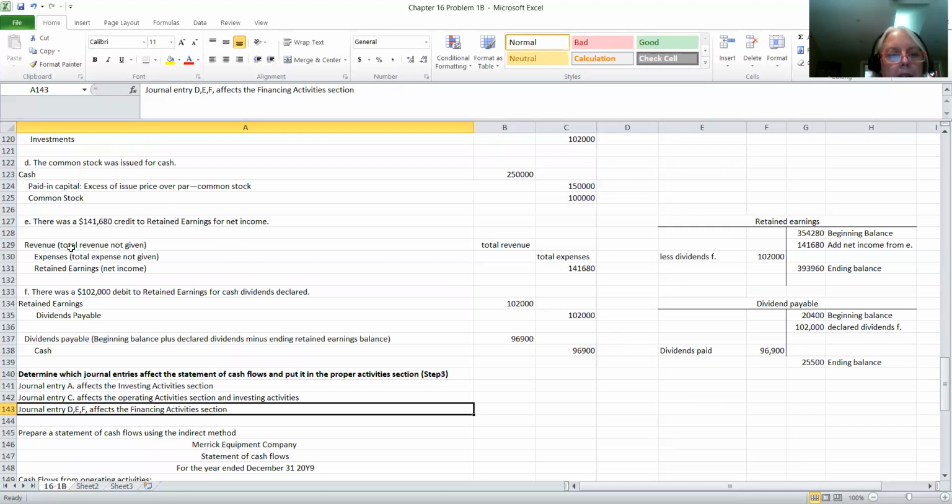In E, our retained earnings would have been increased because of the net income. And in F, we had dividends that we would need to record for the financing activities section.